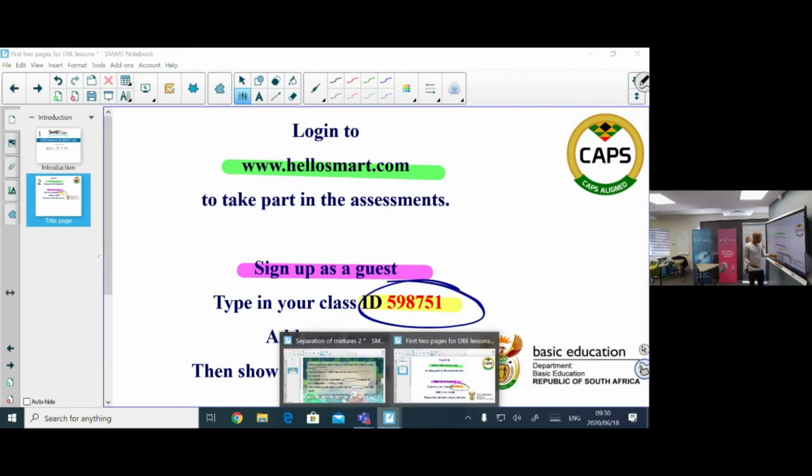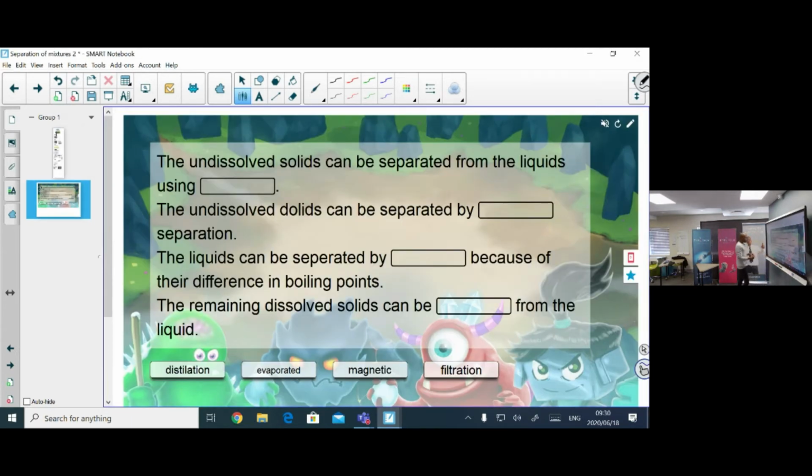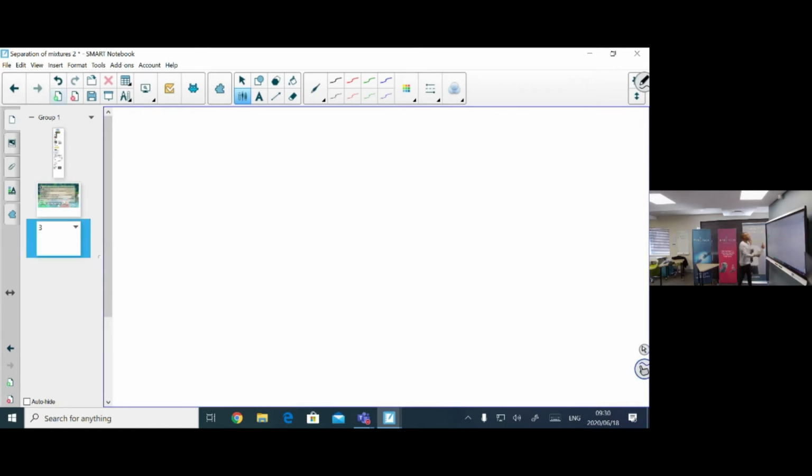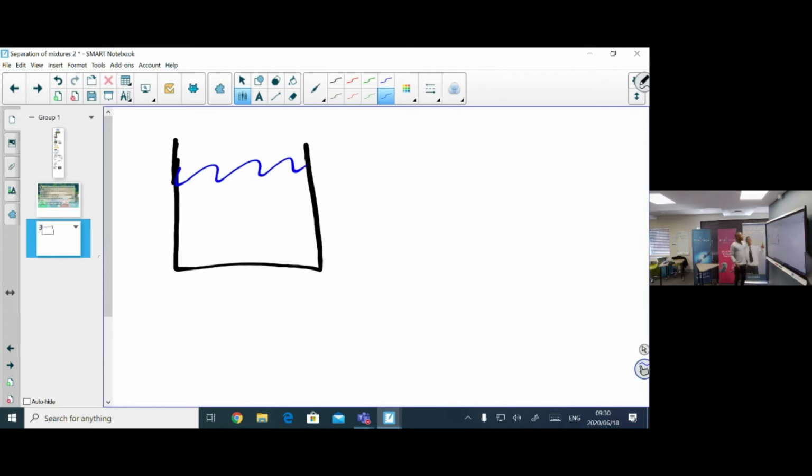So here's the activity. In this activity, this is what we're going to do. Let me add a page. Let's have a mixture. Here's our mixture, and in our mixture, this is what we have.